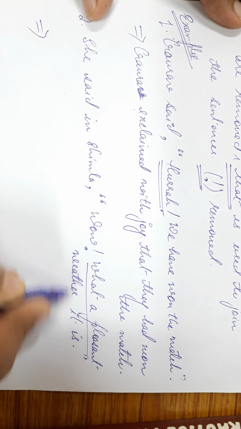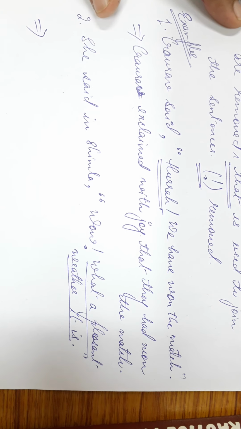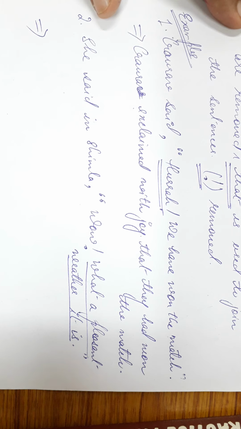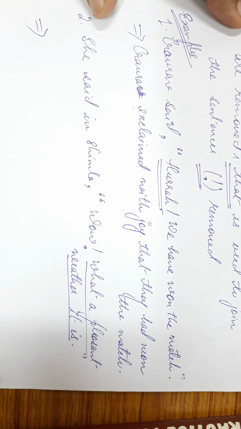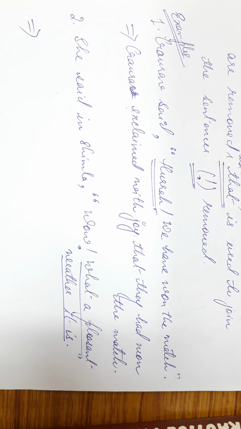Now, what a pleasant weather it is is a statement expressing the emotion that the speaker is totally mesmerized with the pleasant weather. It is not a question. That's why it is not written in the form of an interrogative sentence. It is only expressing an emotion.